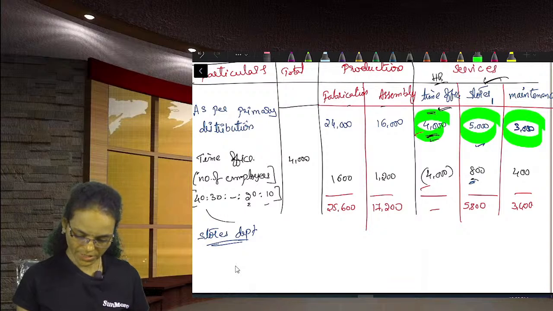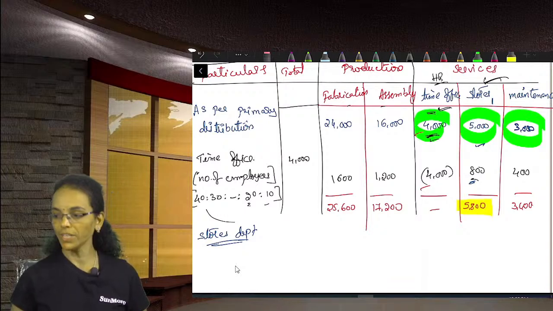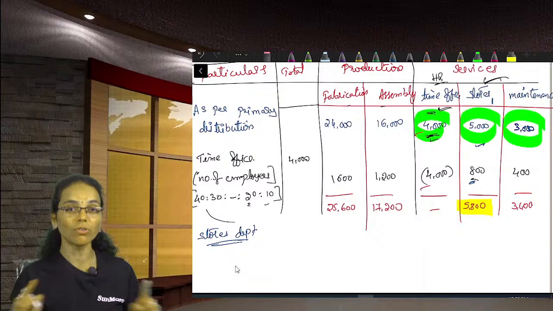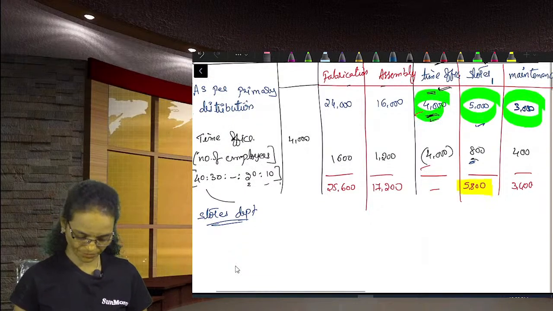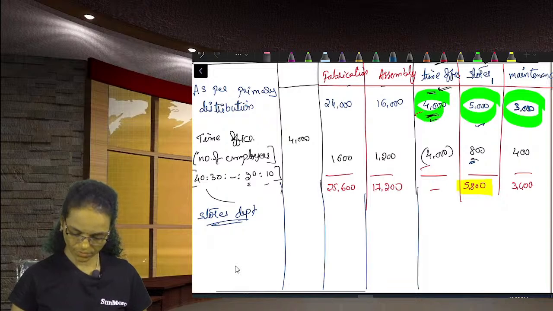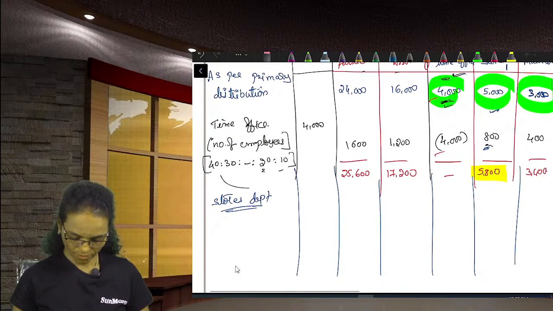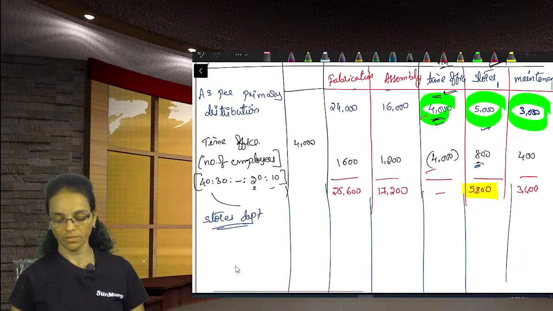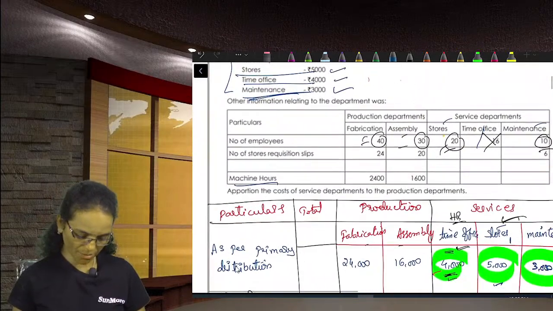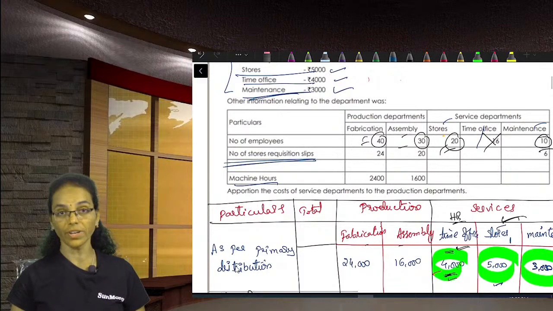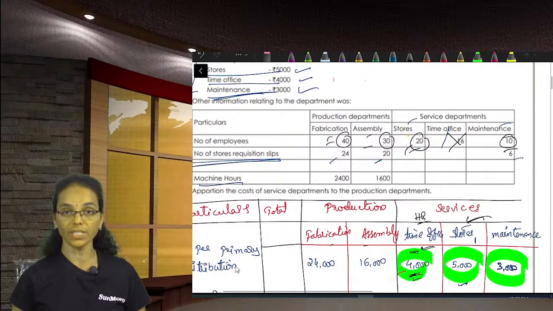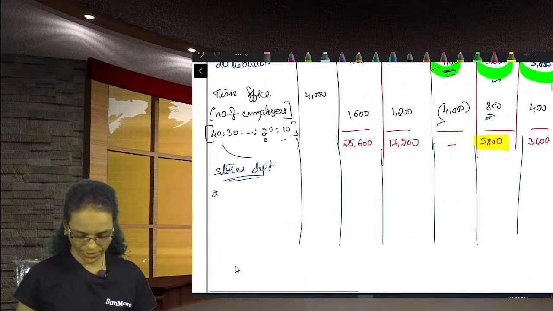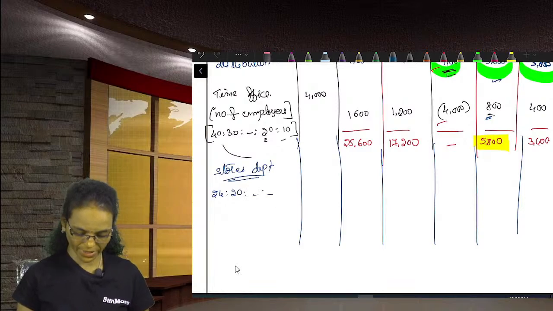Now this 5,800 has to be distributed to other departments. I'll take blue color only. On what basis? Stores requisition slips is given: 24, 20 and 6 for the maintenance. 24, 20, and in the middle you don't put anything.